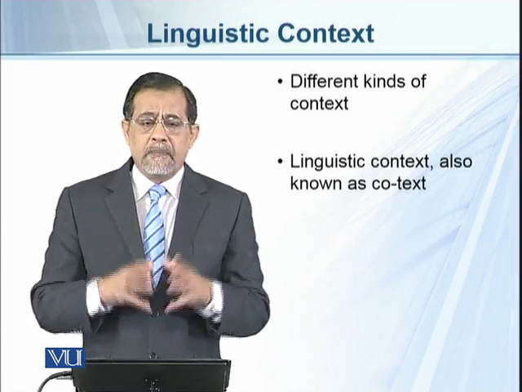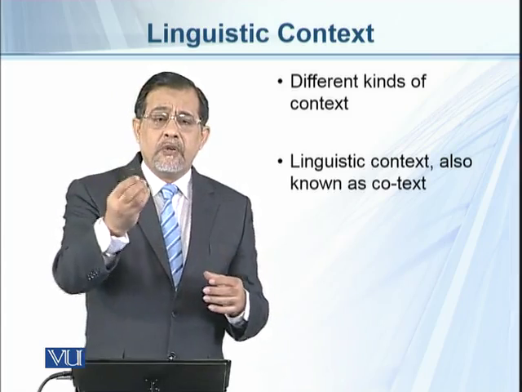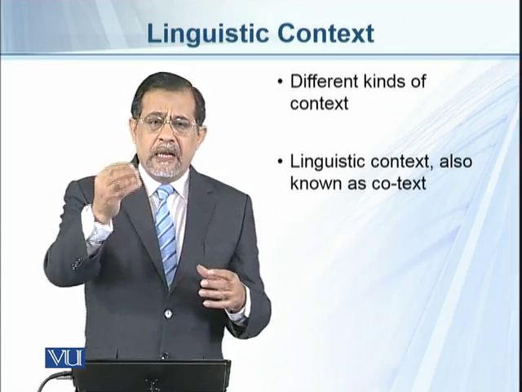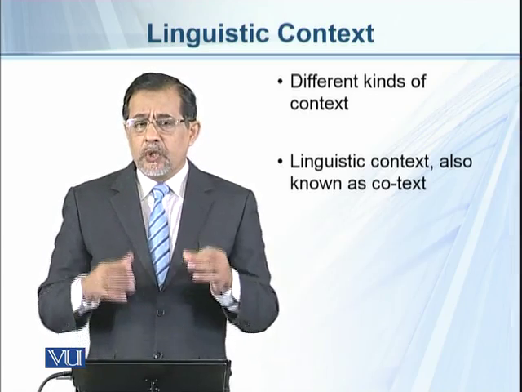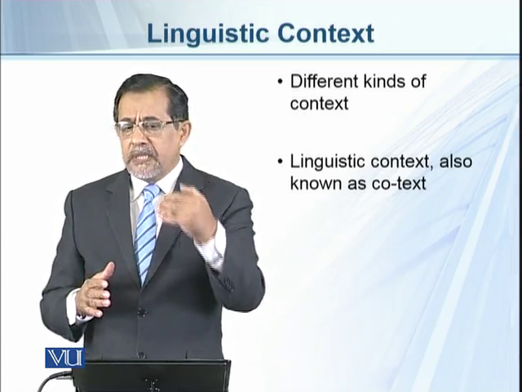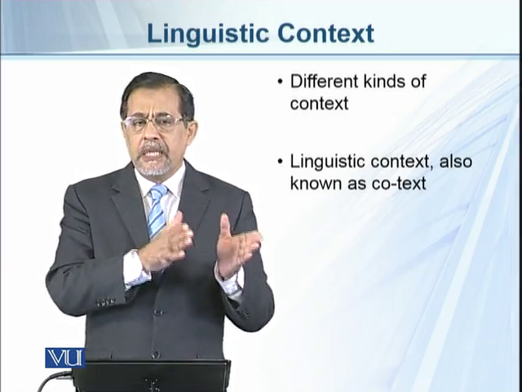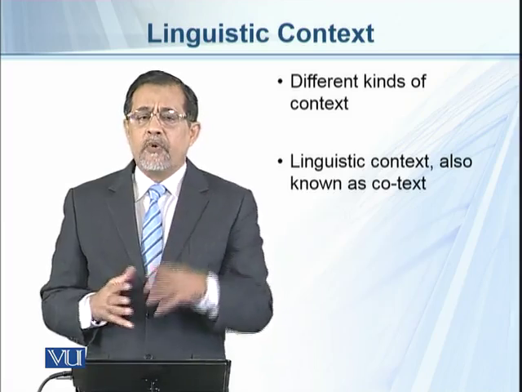We have talked about homonyms, in which the same pronunciation word has different meanings. So there are always some accompanying words which help us in understanding the meaning of the word.